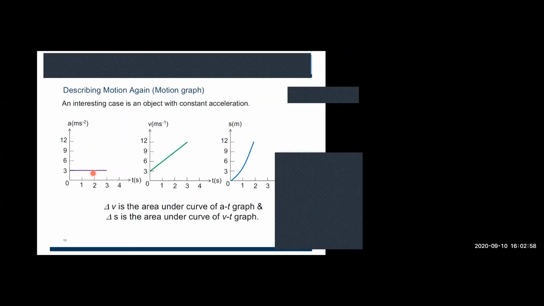You could find out the changing velocity as a function of time by finding out the area under the acceleration versus time graph as the time changes.